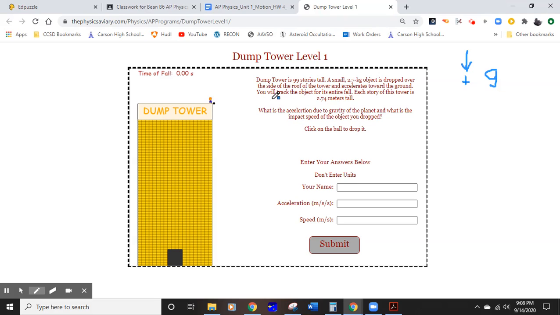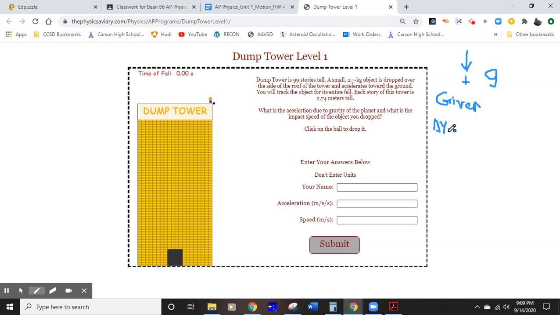First, let's use the given information to organize our thoughts. Delta y is our total height in this case, because there's only one height.